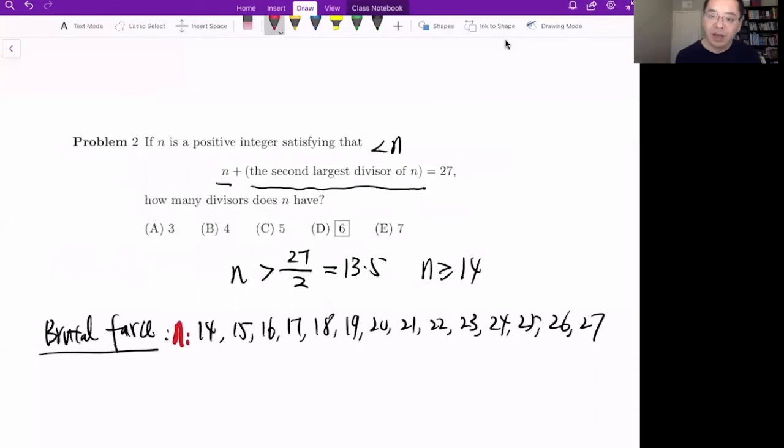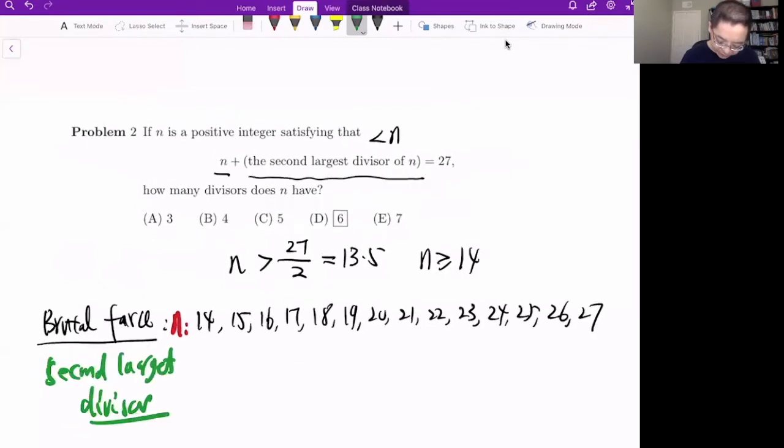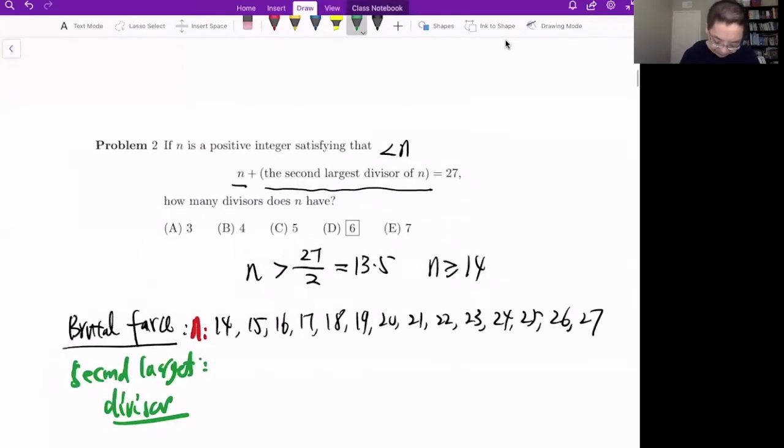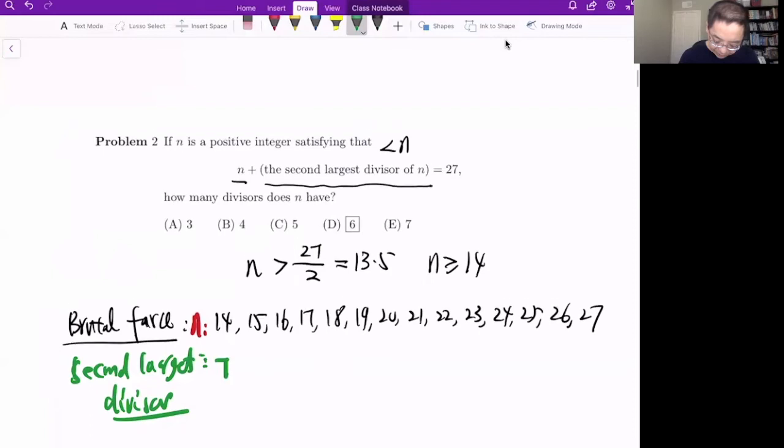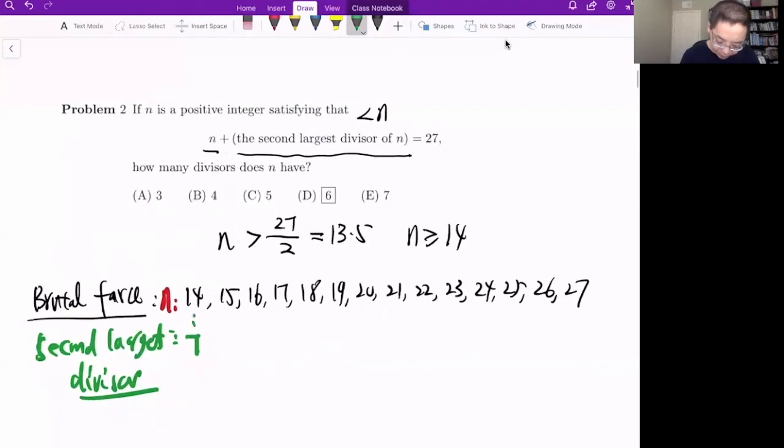Now let's see, for each of these, what is the second largest divisor. For 14, the second largest is 7. For 15, the second largest is 5.